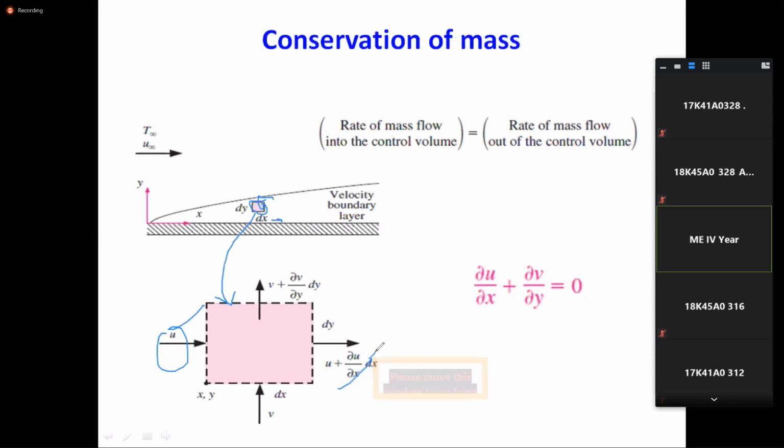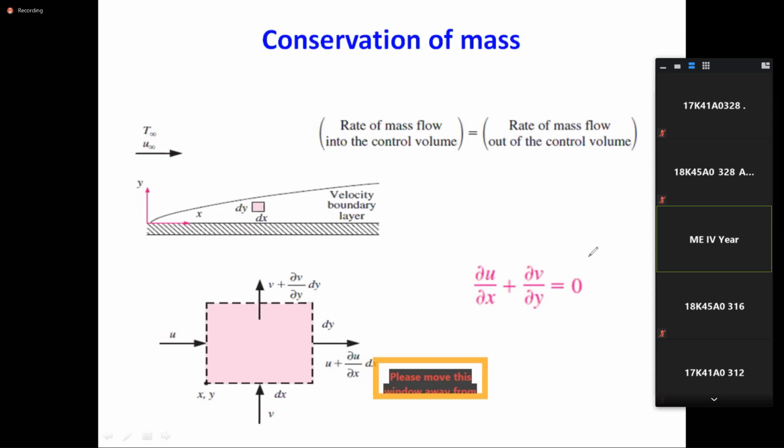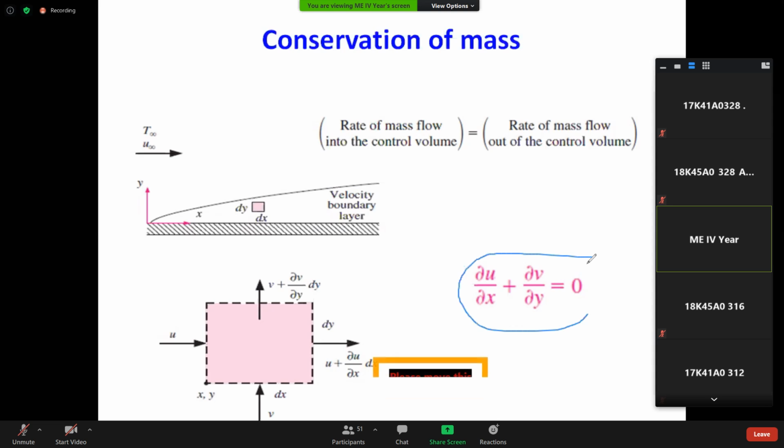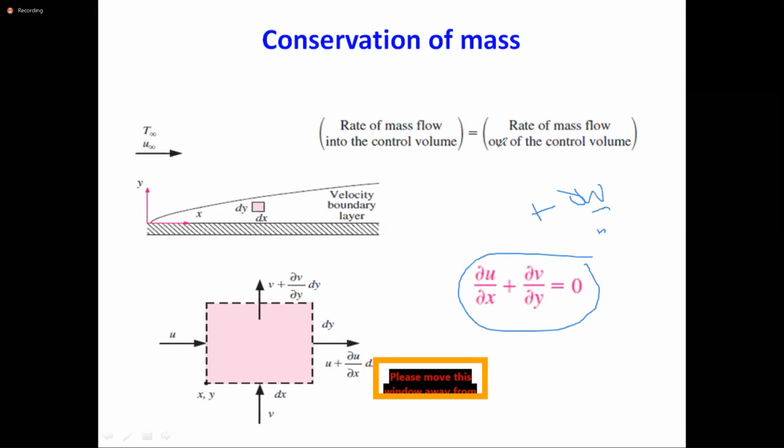All those things we have done in fluid mechanics. So the equation is dou u by dou x plus dou v by dou y equals 0. If the z direction is also there, plus dou w by dou z equals 0. This is the conservation of mass equation.